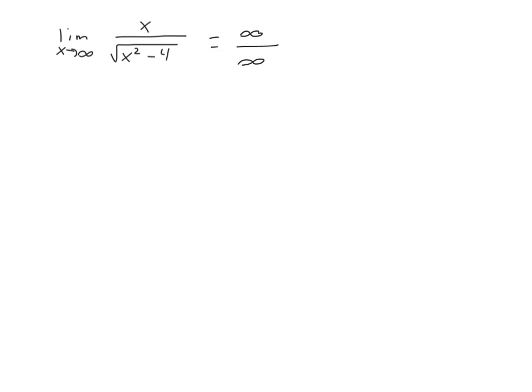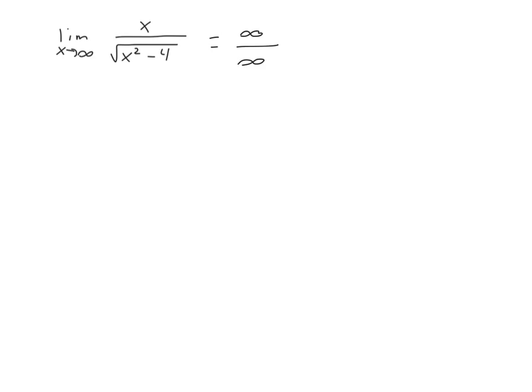And what we have to do is algebraically modify this so that we can find the limit. And the way we're going to do this is, remember that on a fraction, I can multiply or divide the numerator and denominator by the same thing. So I'm going to divide the numerator and denominator by x.